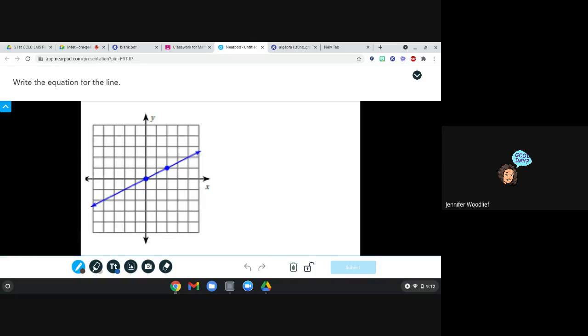So you're going to replace m with 1/2, and you're going to replace b with my y-intercept. So you're going to have y equals, you're going to write the slope, x plus your y-intercept.